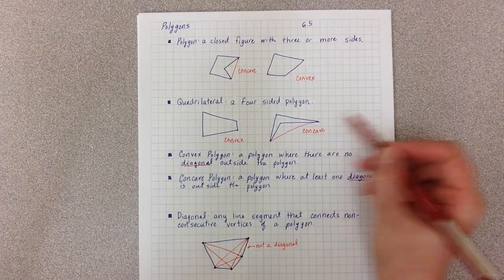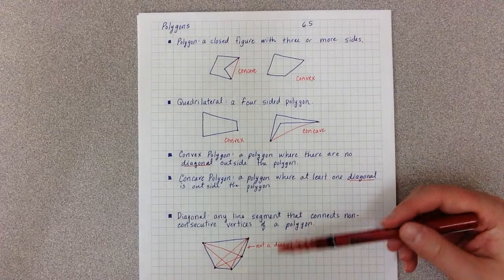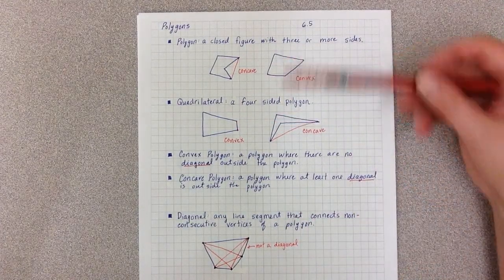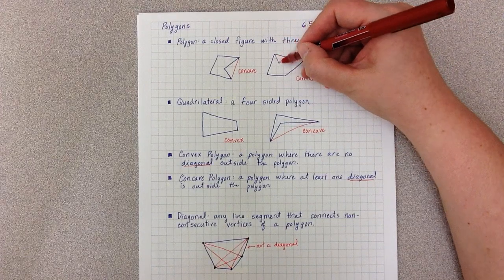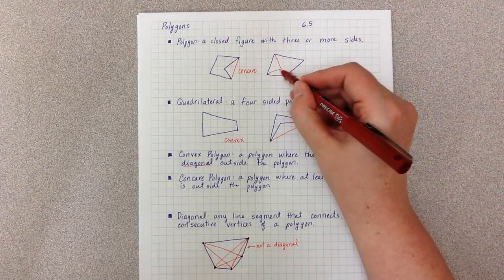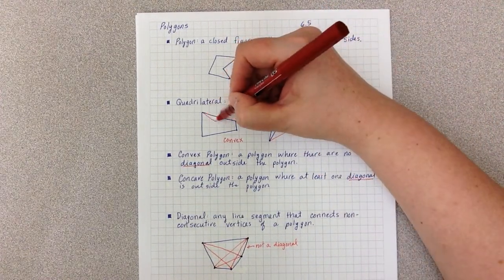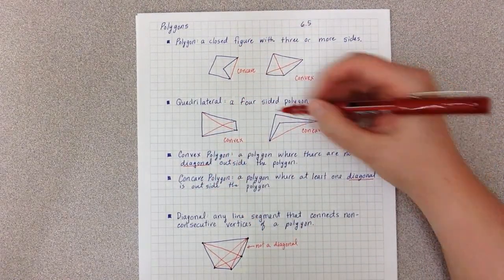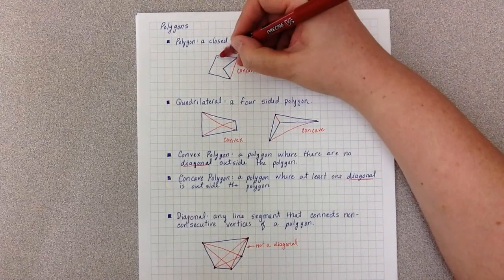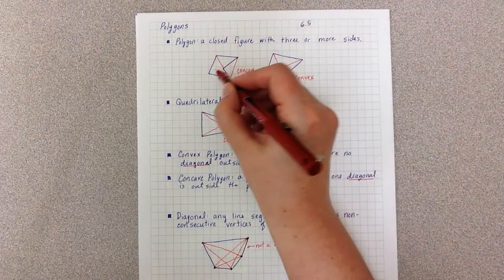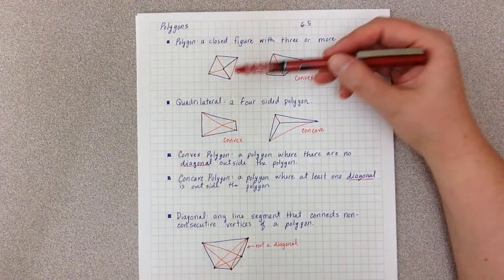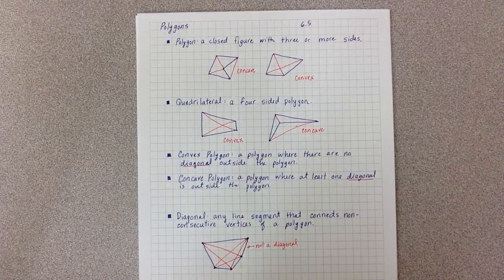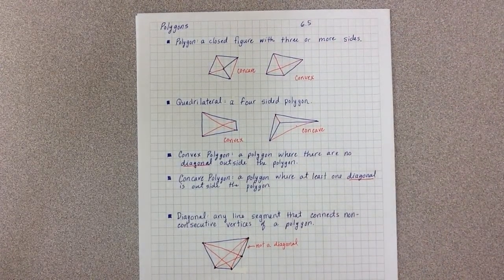Again, outside the polygon, where the diagonals for the convex are all going to be inside. Now there are some inside diagonals in these polygons. However, all I need is one to be on the outside for it to be concave, caved in.